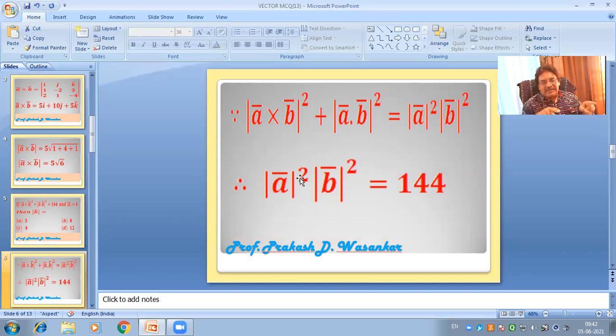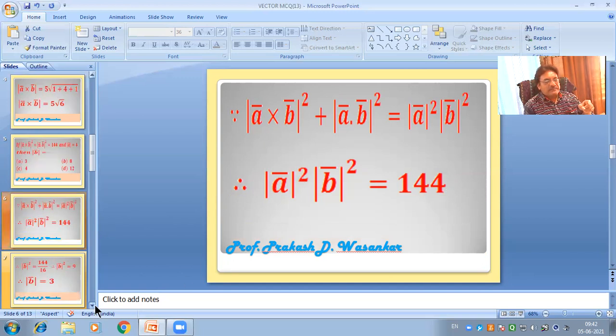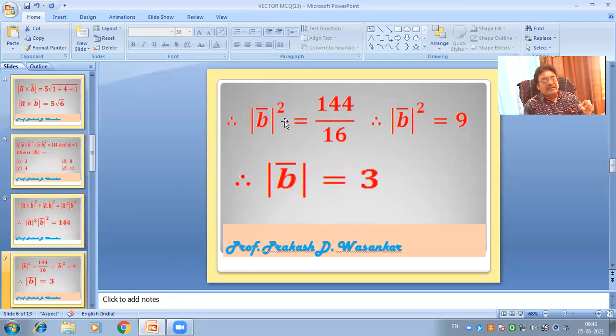Therefore, magnitude of B bar square is equal to 144 upon 16, that is 9.